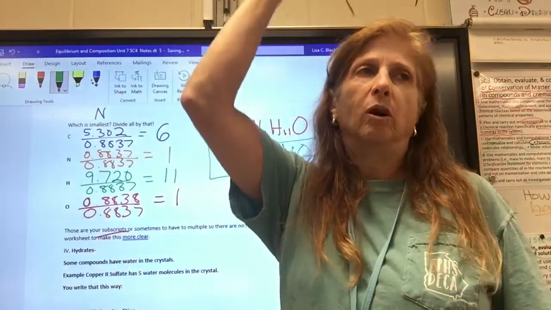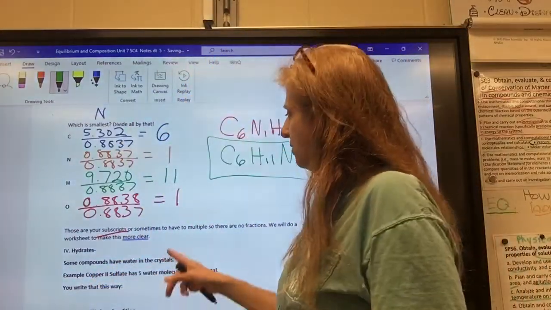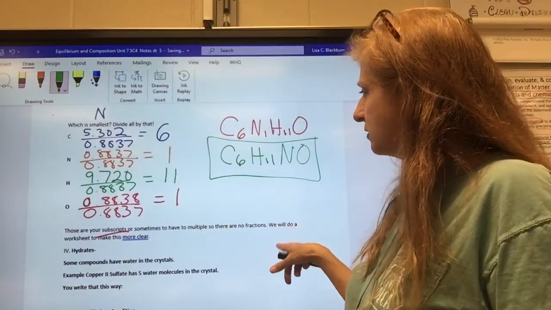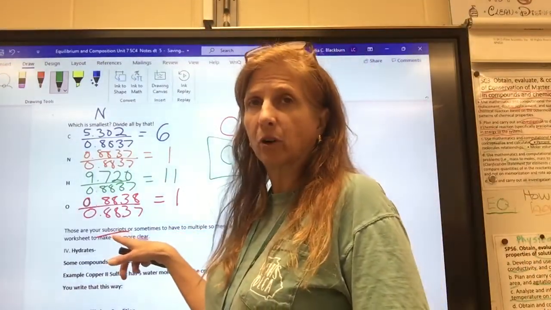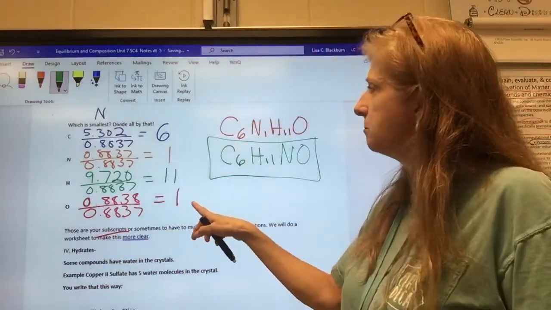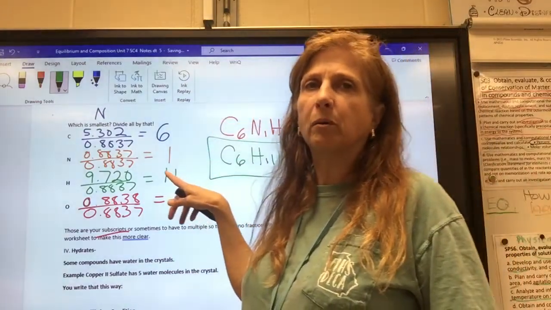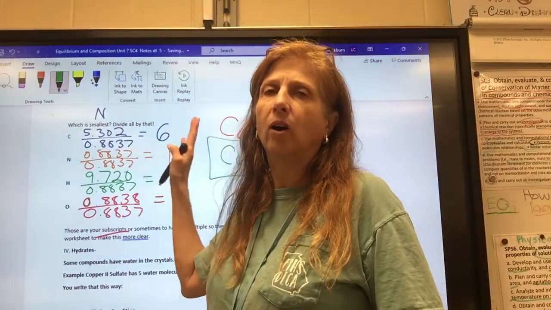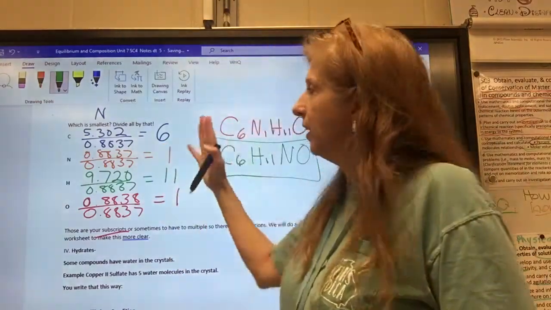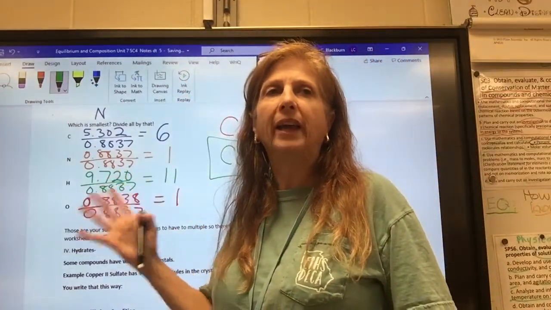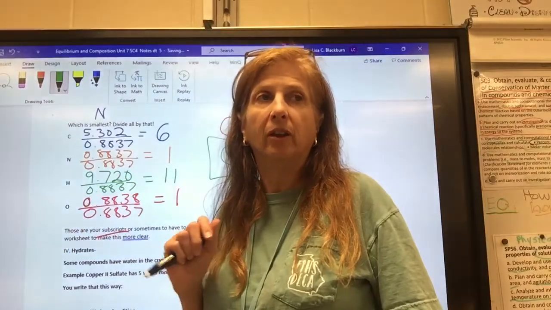The math will work. Okay, now notice it says sometimes you have to multiply so there are no fractions. We'll do a worksheet to make this more clear. So sometimes when you divide these, one of them, instead of rounding to a whole number, will be a whole number plus a half. Then you go through and multiply them all by 2 to get rid of the half, because we can't have halves in our subscripts.